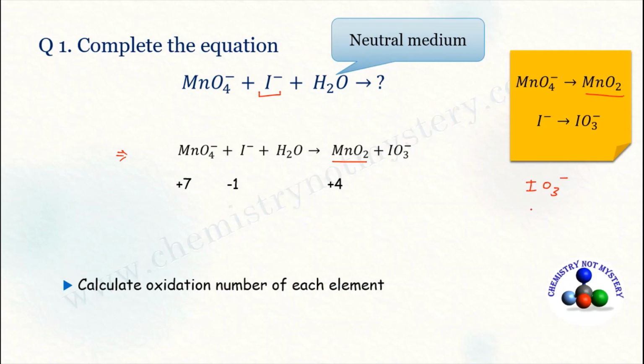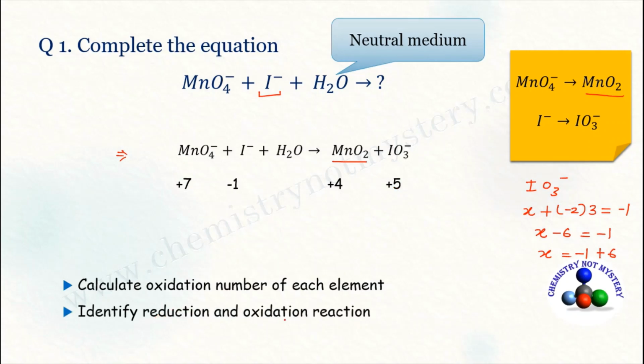IO3 negative. Let the oxidation number of iodine be X plus the oxidation number of oxygen is -2, here multiply by 3, is equal to -1. So when you solve it, you will get X minus 6 is equal to -1. So X will be equal to -1 plus 6. So here you will get X is equal to +5.